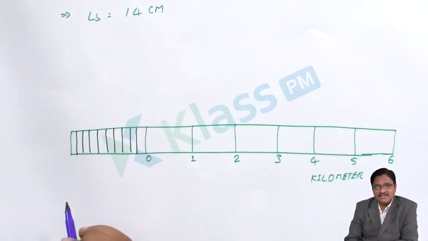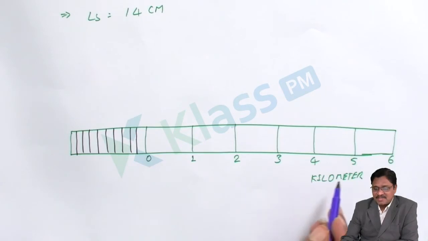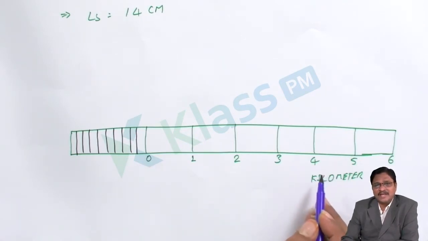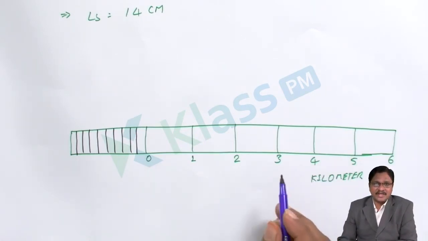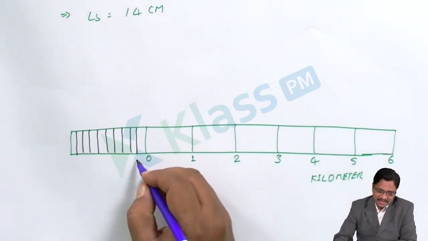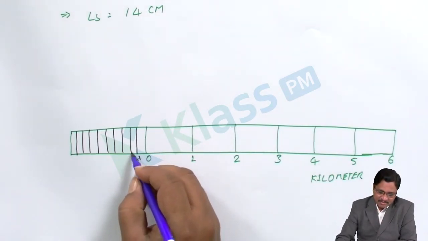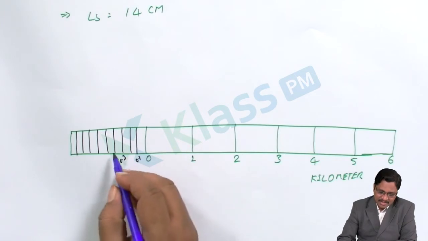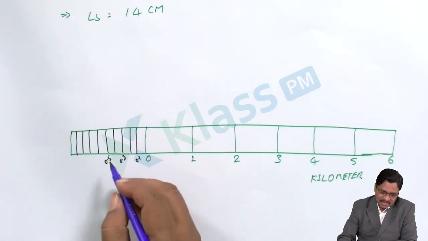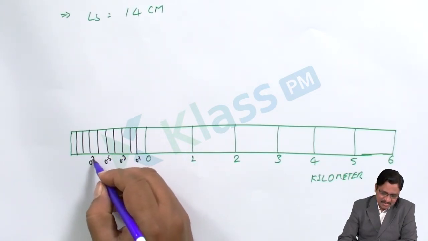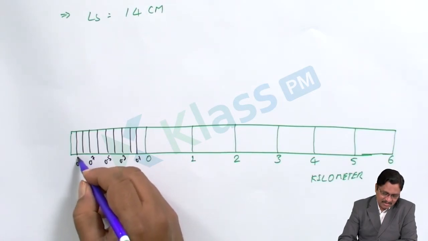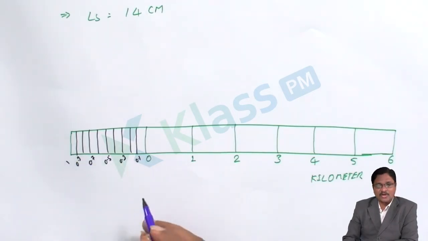So what is each division value? This total distance is represented as 1 kilometer. We are dividing it into 10 equal divisions, so 1 by 10 gives 0.1. Let me write 0.1, 0.2, 0.3, 0.4, 0.5, 6, 7, 8 and 9, and this is 1 kilometer.